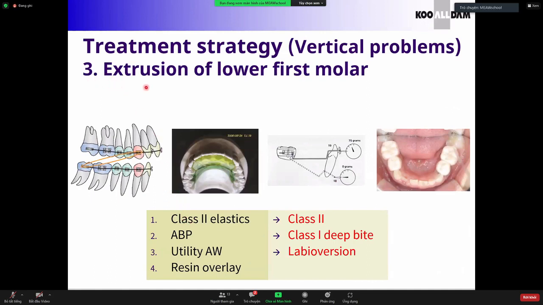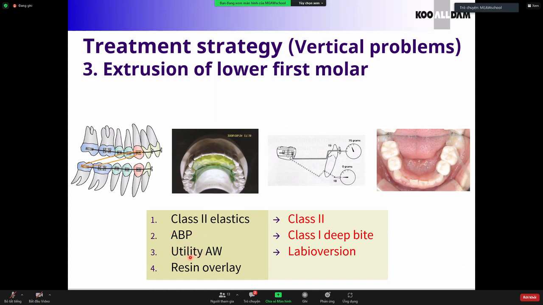Third method is extrusion of the lower first molar. How can we achieve this? First, class 2 elastic. However, this patient is class 3 malocclusion. Second, ABP.